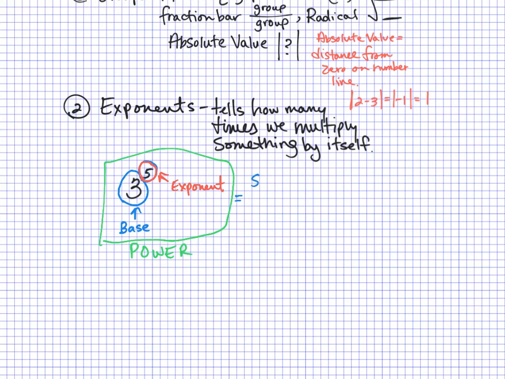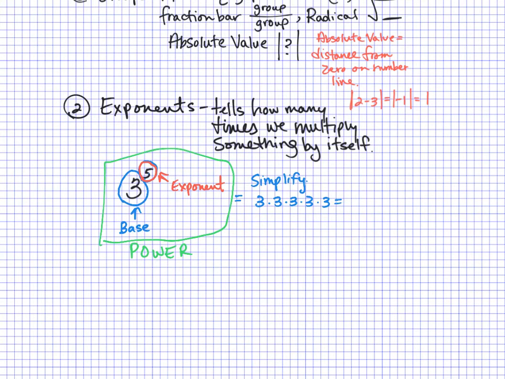So how do we simplify this exponential expression? Well, what does 3 to the 5th power actually mean? Remember, an exponent tells us how many times the base is being multiplied by itself. So that would be 3 times 3 times 3 times 3 times 3. Notice there's 5 of them being multiplied together.